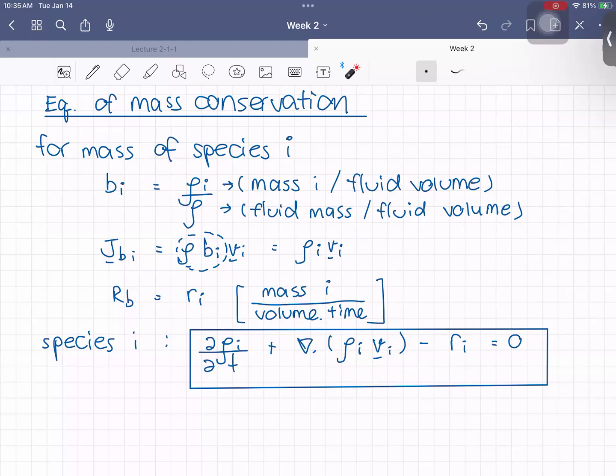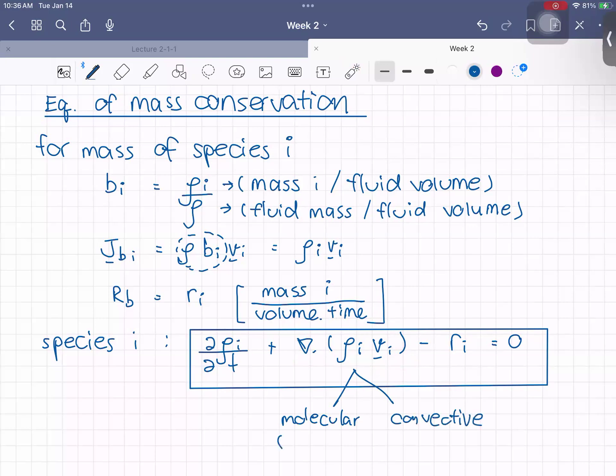If you remember, the two mechanisms of transport phenomena are convective and molecular transport. So this term has to include molecular transport and also convective transport.